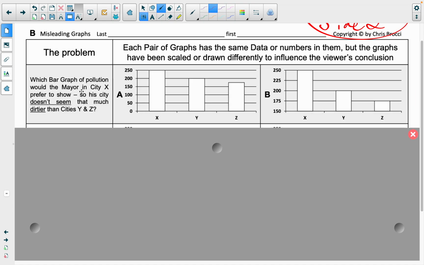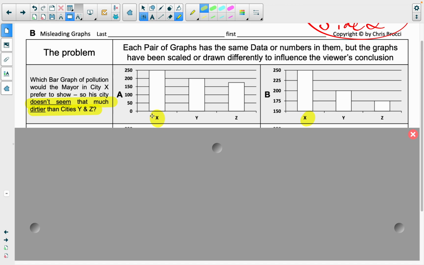Which bar graph of pollution would the mayor in city X, so we're looking at city X here, and this is showing pollution. Which bar graph of pollution would the mayor in city X prefer to show so that his city doesn't seem that much dirtier than the cities Y and Z?